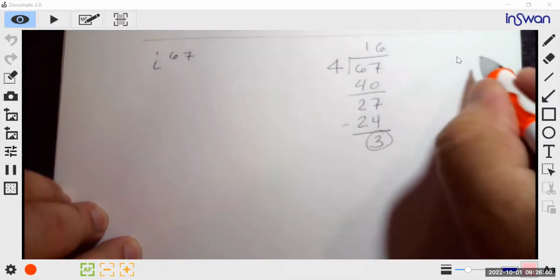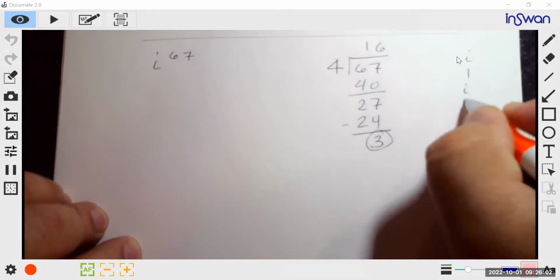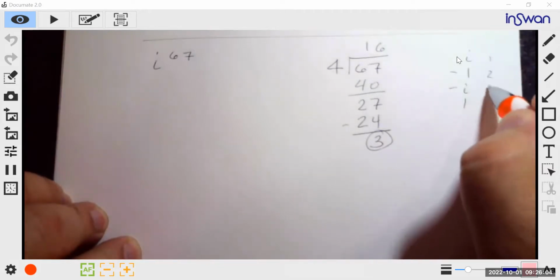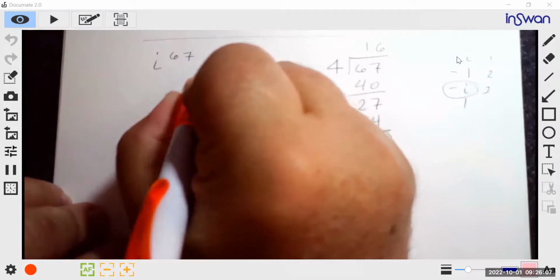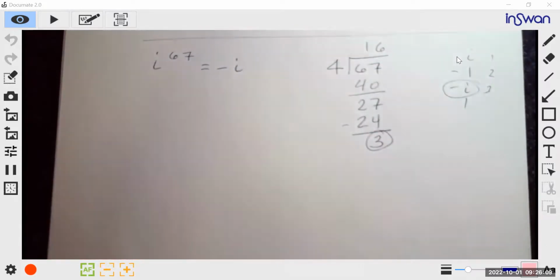The remainder is 3. 1, 2, yep. Answer is negative i. So far, so good.